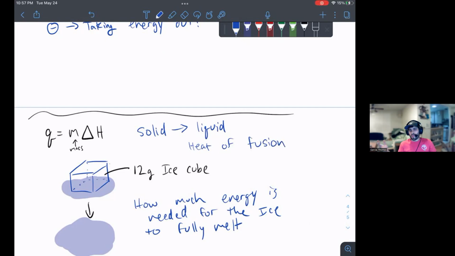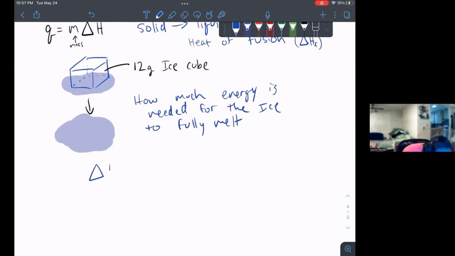So regardless of if we're going solid to liquid or liquid to solid, we're going to be using heat of fusion. I'm going to reference that as delta H with a little f for fusion. Otherwise, it would be v for vaporization. And with each material, delta H is constant.